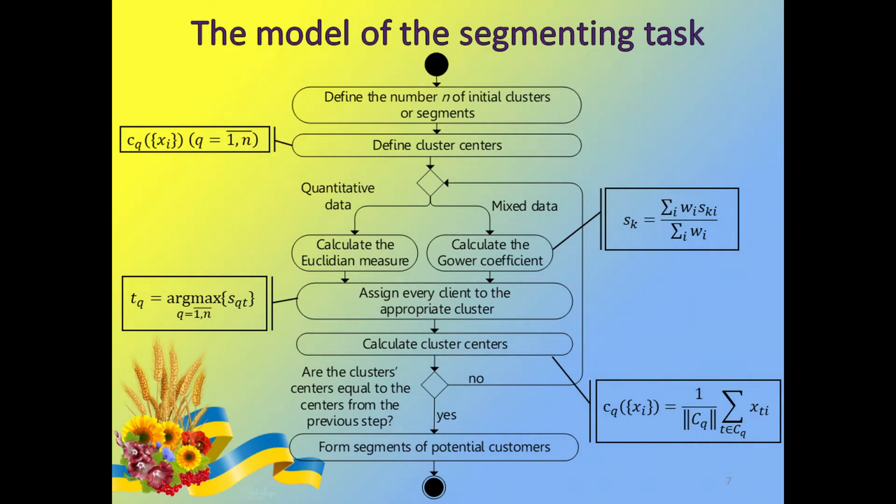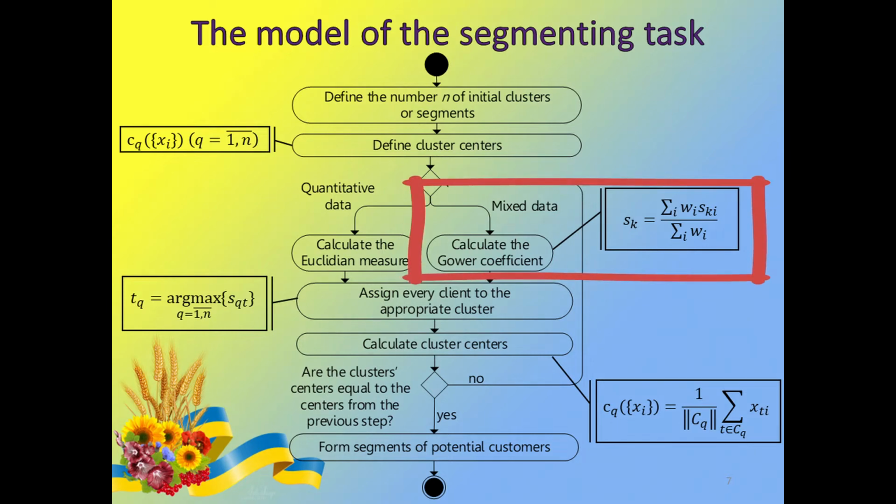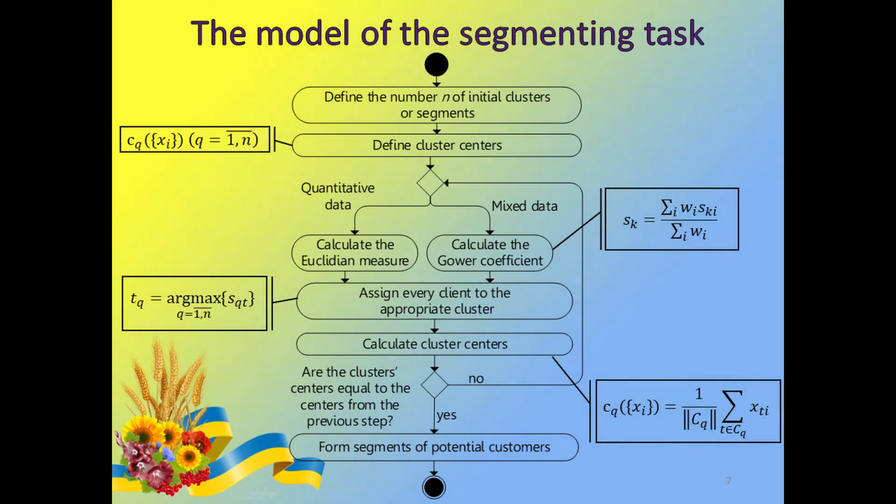The main drawback of the k-means algorithm is that it only works with numeric values. The input customer information is mixed information. Therefore, in this paper, it is proposed to use Gower coefficient to calculate the distance between the centers of the clusters and the objects, since it works with mixed data. Then, it is necessary to calculate the distance between the centers of the clusters and each object.